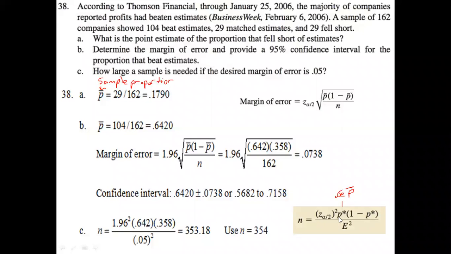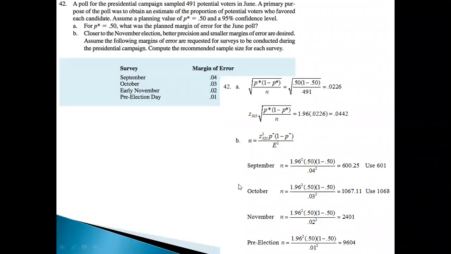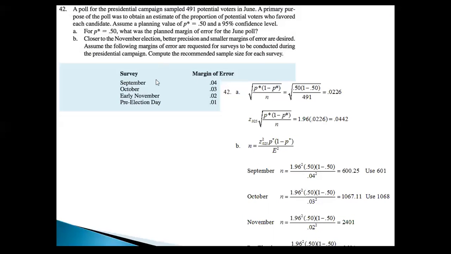So with proportion, we have to do the 0.642 times the 0.358 times that 1.96 squared all over that 0.05 squared. So that gives us 353.18, but we round up to 354. All right. Now, final question, I believe.